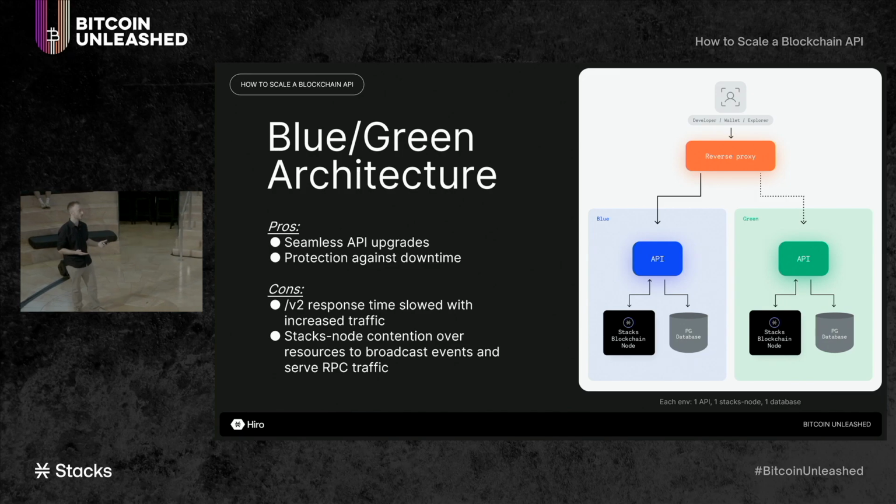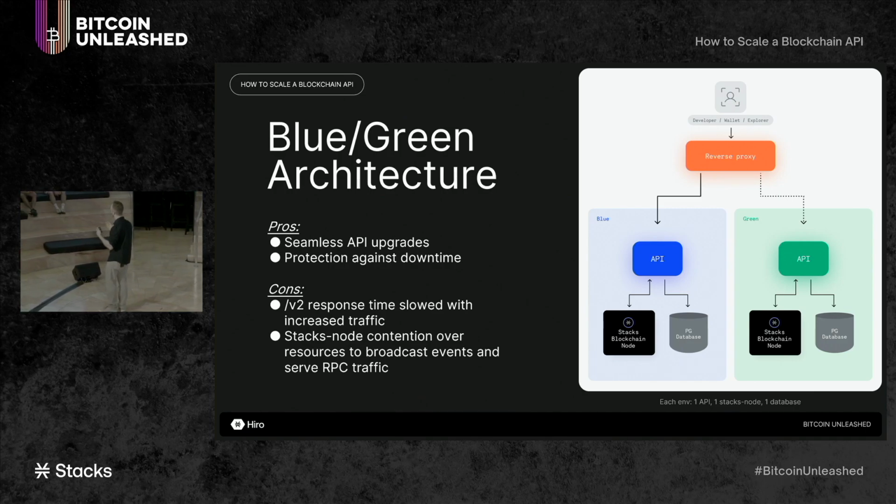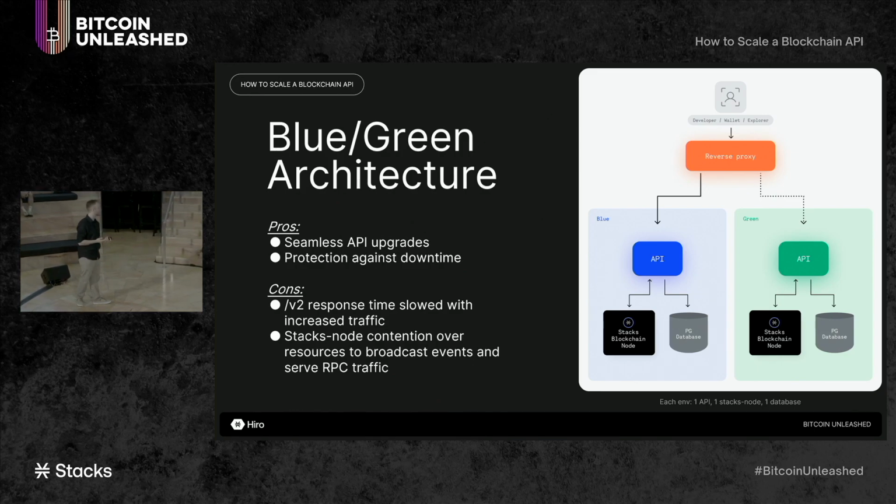However, this was only good for a short amount of time because traffic still continues to grow. And what we were seeing is that the V2 response time was slowed with increased traffic. So any requests going to the Stacks nodes on the back end were getting pretty slow with increased traffic. And there was contention over resources.